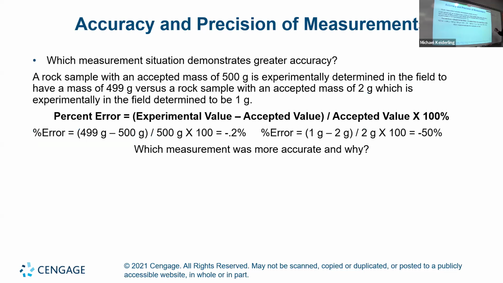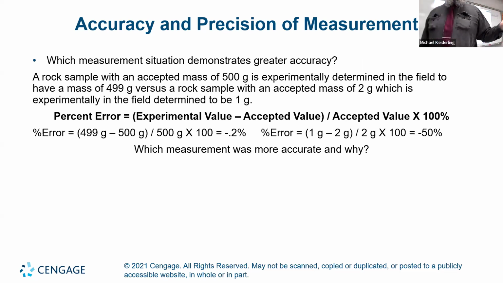So here we have two measurements that have an error. And we want to know which measurement situation demonstrates greater accuracy. We could have a rock sample with an accepted mass of 500 grams, and we weigh it, and it has a mass of 499 grams on our scale. Versus a rock sample with an accepted mass of 2 grams, which when we weigh it, we get a mass of 1 gram on our scale.